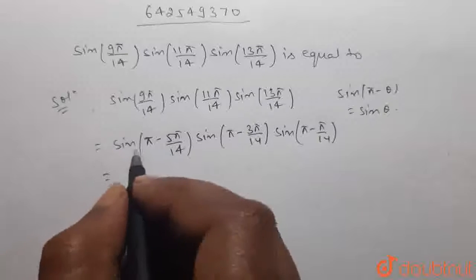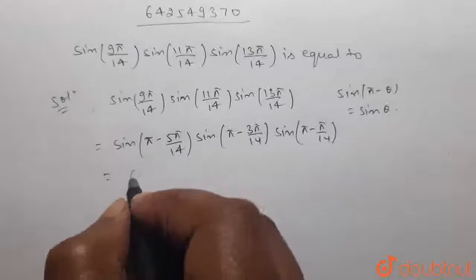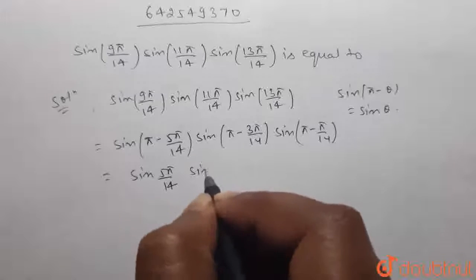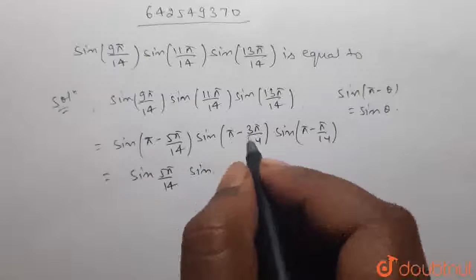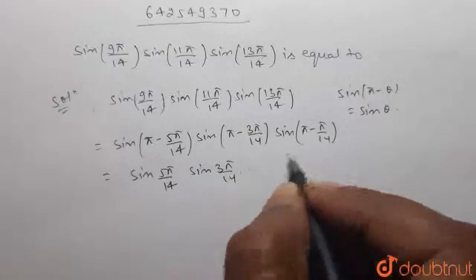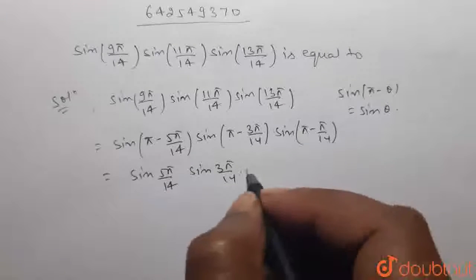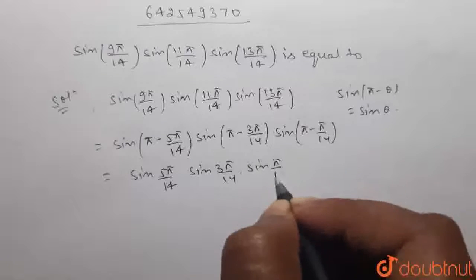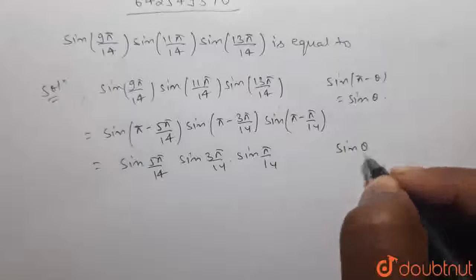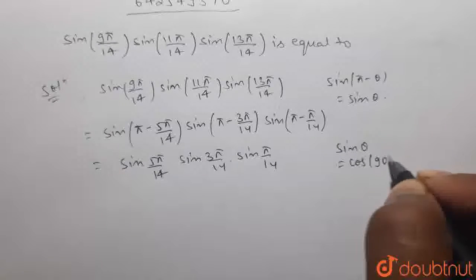So sin pi minus 5 pi by 14 will be equal to sin 5 pi by 14, into sin pi minus 3 pi by 14 will be equal to sin 3 pi by 14, into sin pi minus pi by 14 will be equal to sin pi by 14. Now we also know that sin theta equals cos 90 minus theta.